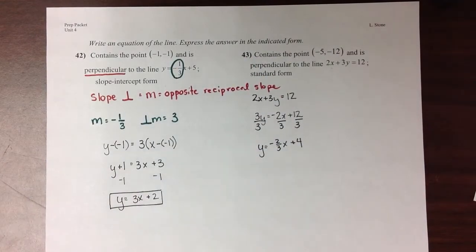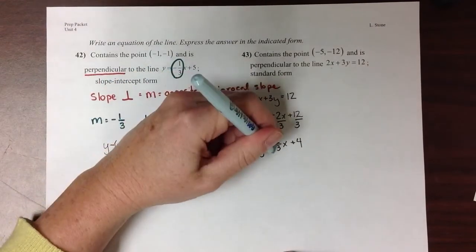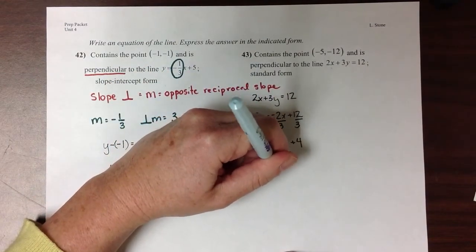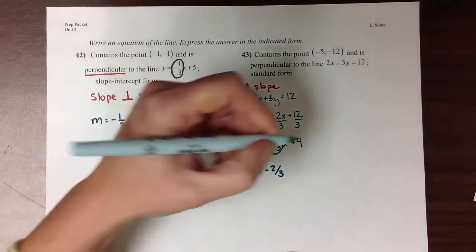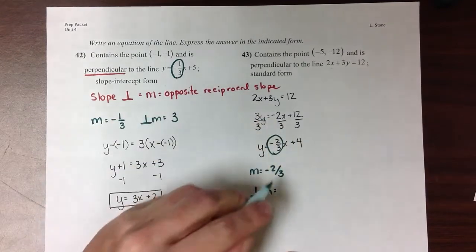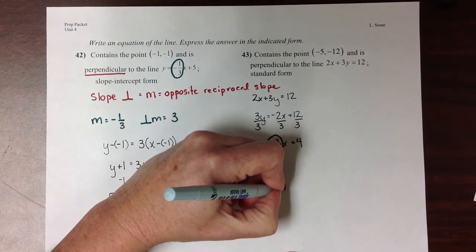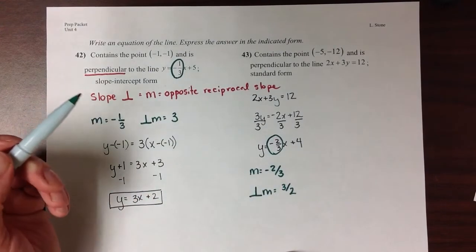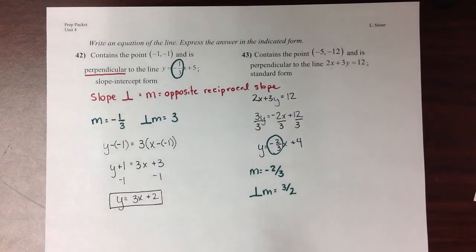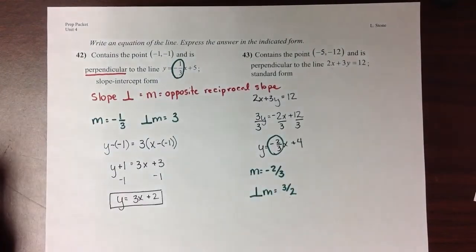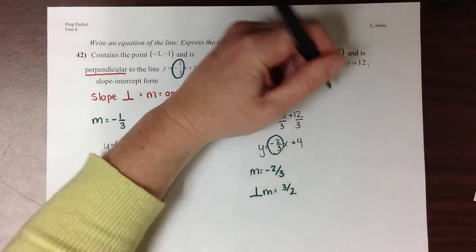So in this case, my slope is negative 2/3. So the slope of the line I'm going to write needs to be the opposite reciprocal of that, or 3/2 without the negative, a positive 3/2. Now that I know that, I can take this slope with this point and put it into point-slope form.